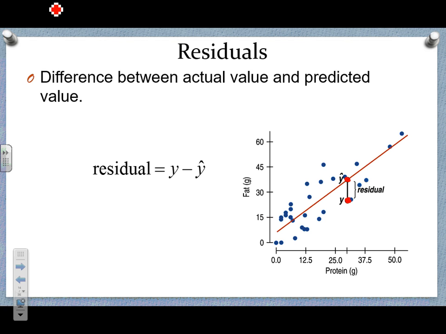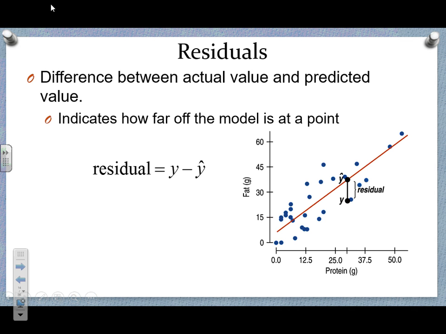How far off were we? So when we calculate residuals, that's what we're talking about. We're looking at a difference between what actually should happen and what the line predicts to happen. It's just going to indicate to us how far off we are at that particular point, how far off our model was at guessing the correct value.